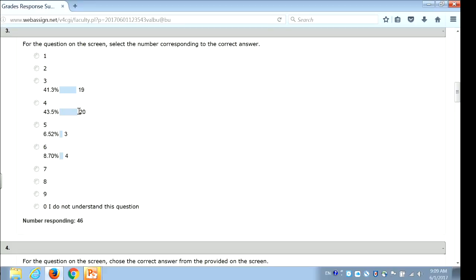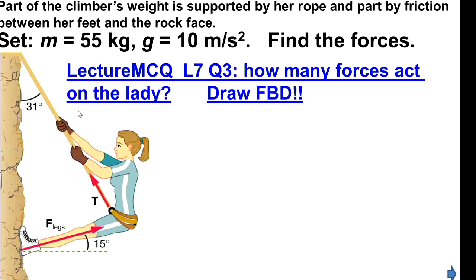So, how many forces did you choose? Count them here. Gravity, no doubt.